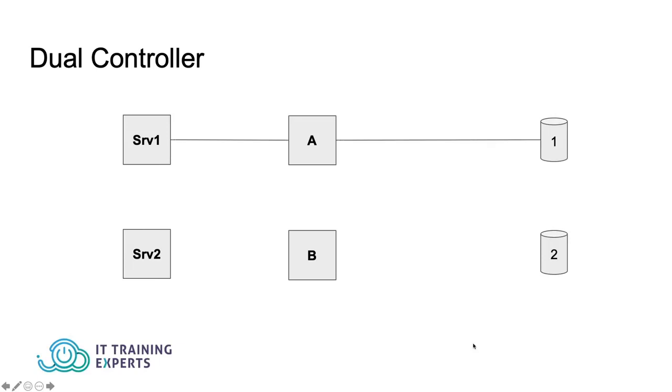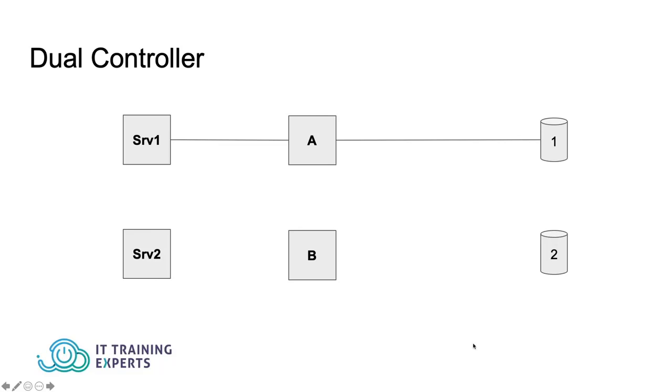And so server 1 is connecting to storage controller A to volume 1. Now this is what I'm talking about. In an active passive design, server 1 is going through controller A to access disk 1 or volume 1. There's no load balancing between A or B, meaning that right now that workload is operating in that fashion.